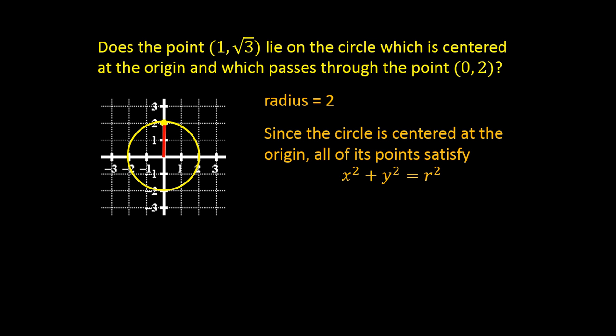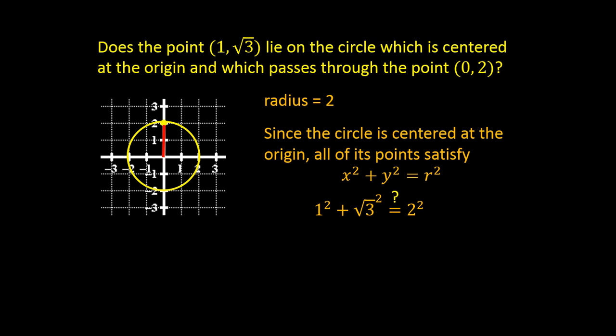All the points will make that equation true. So in this case, we want to know if an x-coordinate of 1 and a y-coordinate of the square root of 3 will make this equation true. And remember, the radius of this circle is 2. So does 1 squared plus the square root of 3 squared equal 2 squared? The question mark means I don't know.